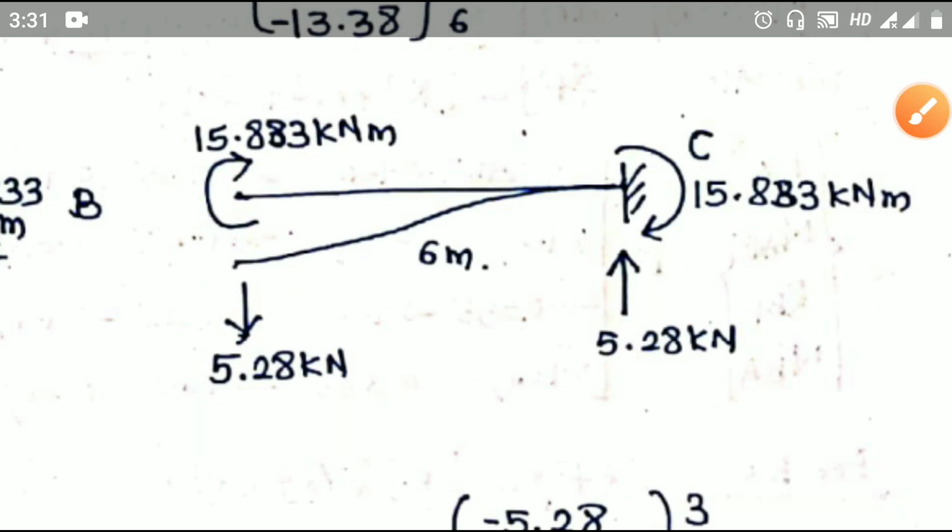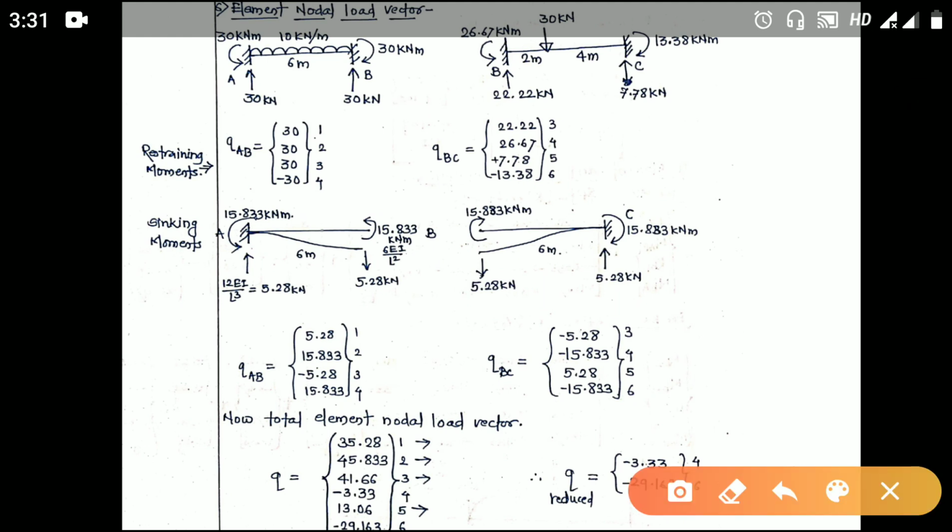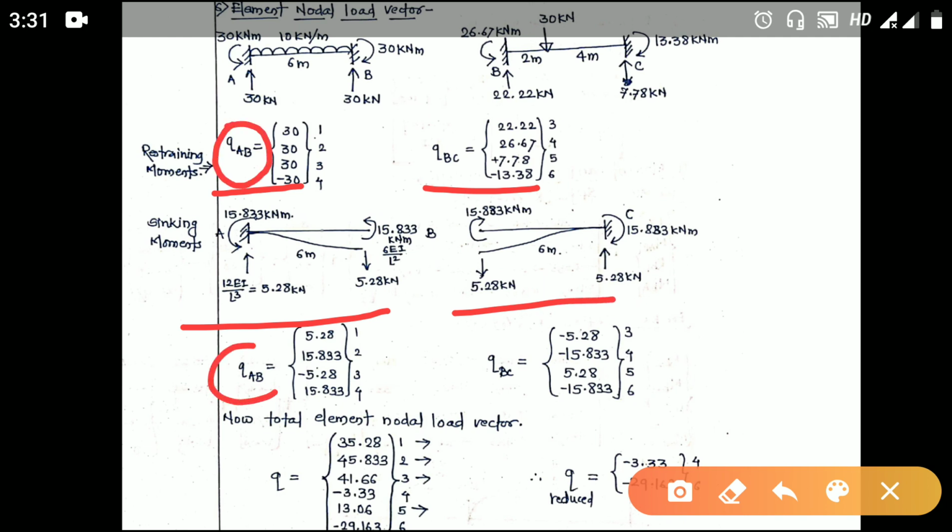So now both the moments are completed, the restraining moment and the sinking moment. The same way you have to write down this QAB for the sinking moments.